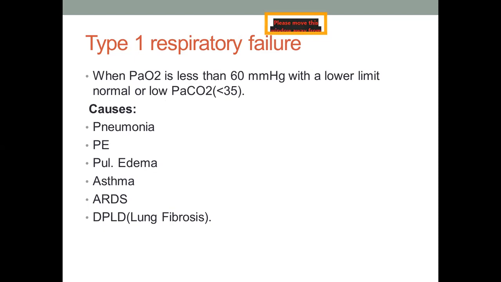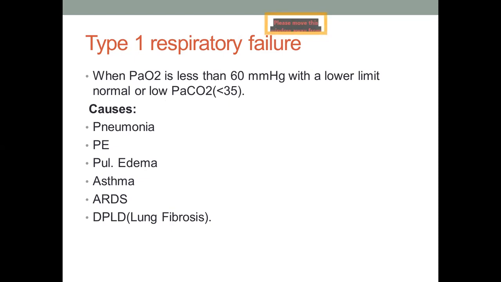Type 1 respiratory failure is when partial pressure of oxygen is less than 60 millimeter of mercury with normal or lower partial pressure of carbon dioxide.